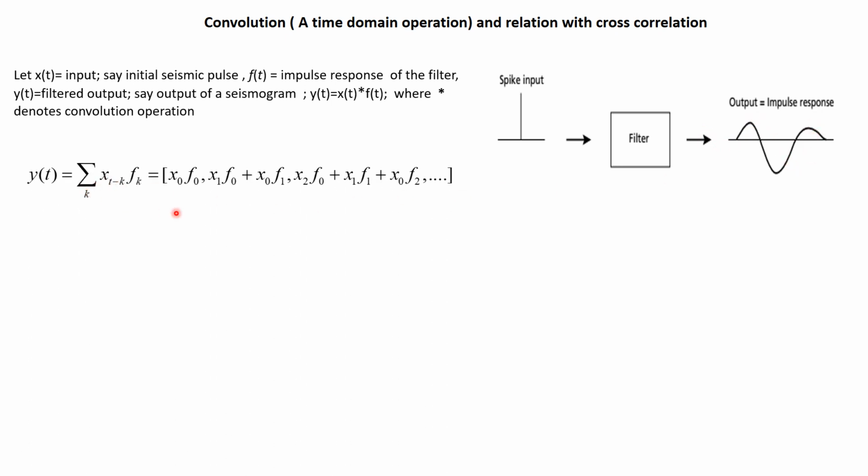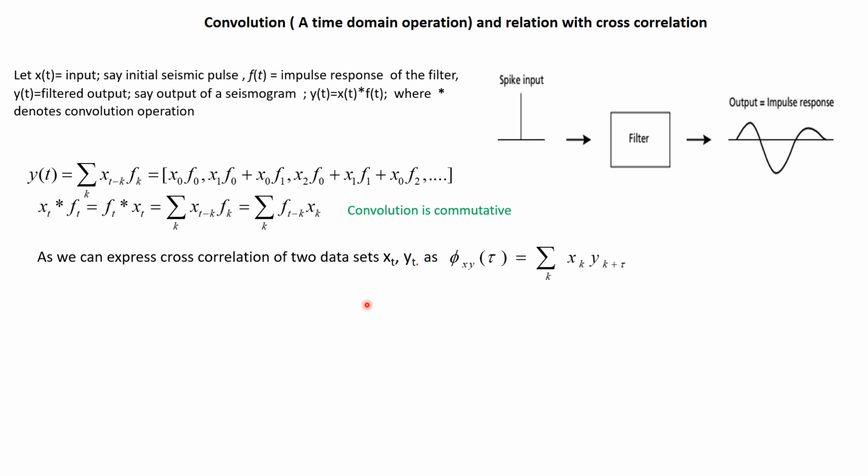The mathematical operation corresponding to the convolution is presented in that equation. That is, it is multiplied ordinate-wise, then shifted one position and summed. That is the basic definition of convolution. It is a commutative operation: x(t) convolved with f(t) is equal to f(t) convolved with x(t).